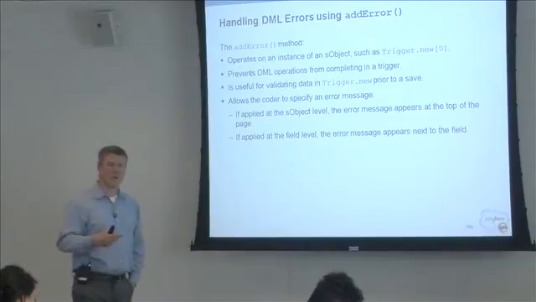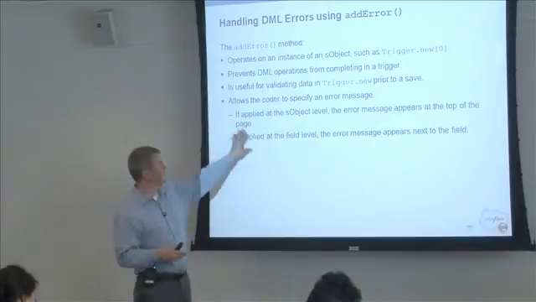The difference between calling addError on the record versus on the field has to do with the way we display error messages on our page layouts. It's exactly like a validation rule, where you indicate that you want the error message displayed at the top of the page versus being associated with an individual field.